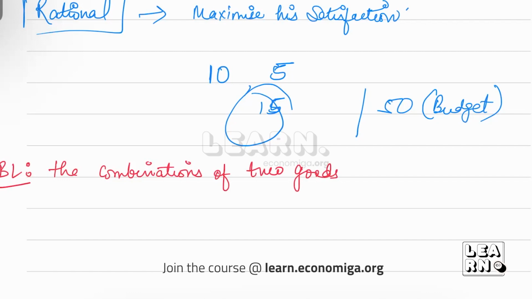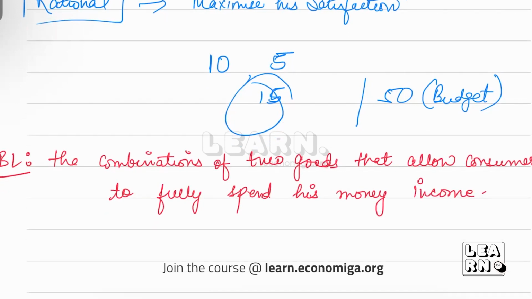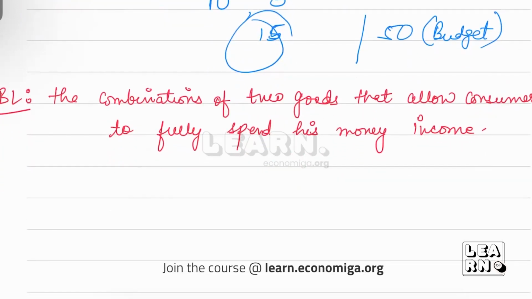The budget line gives the combinations of two goods that allow the consumer to fully spend his money income. So it's just a little technicality, that's all.